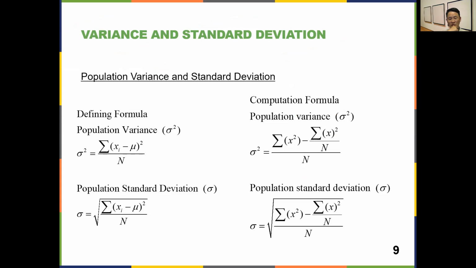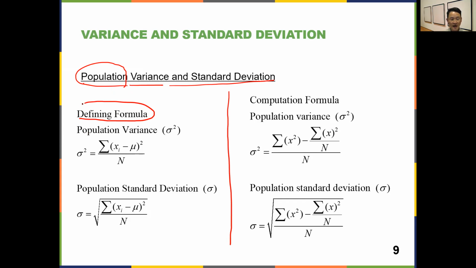Now, this is the formula, and I can probably guess what you are thinking. Wow, this formula looks very scary, right? It's really not a friendly looking formula. So let's go over this formula together. First, it says these are the population variance and standard deviation formulas, right? The left-hand side is called the defining formula, and the right-hand side is called the computation formula.